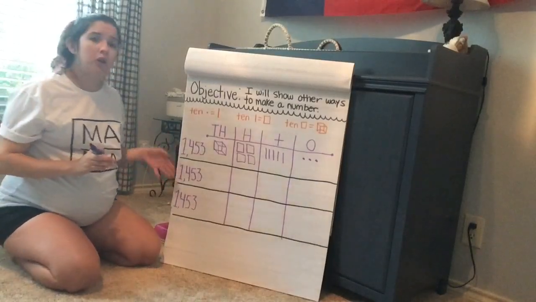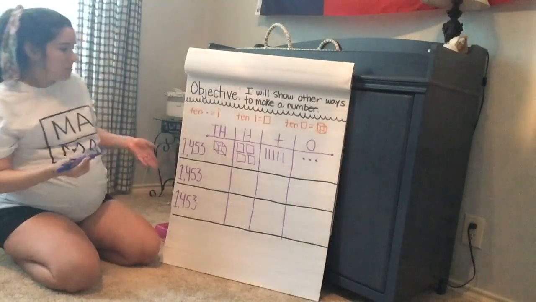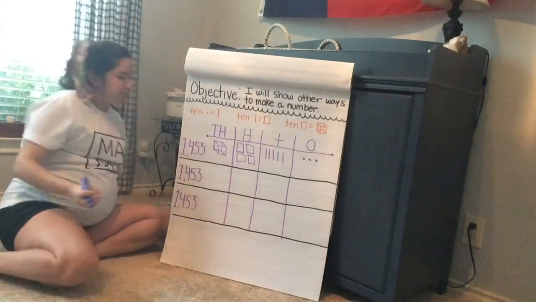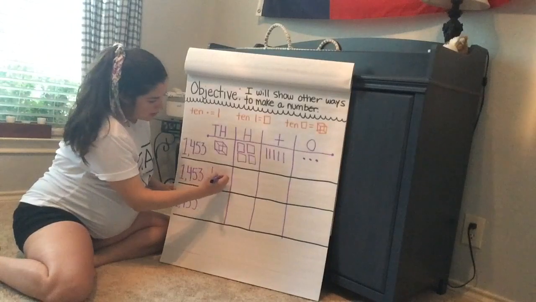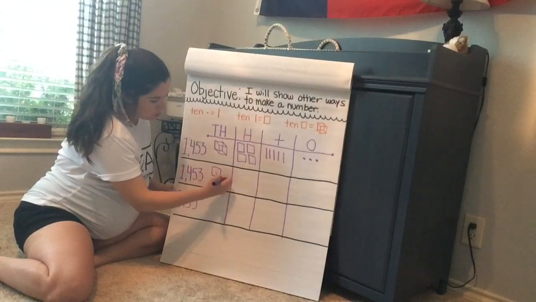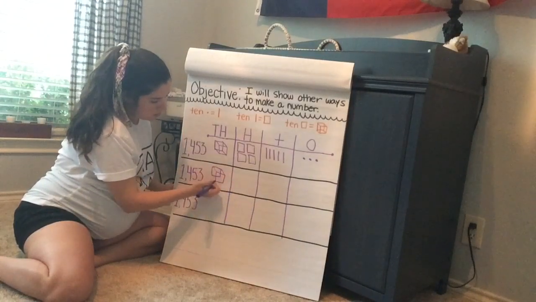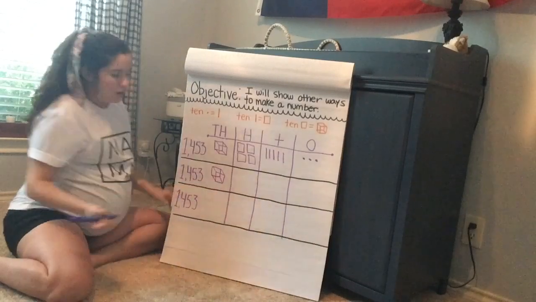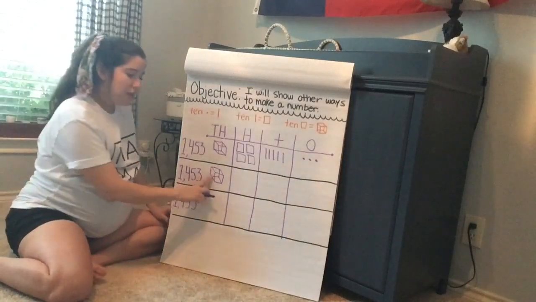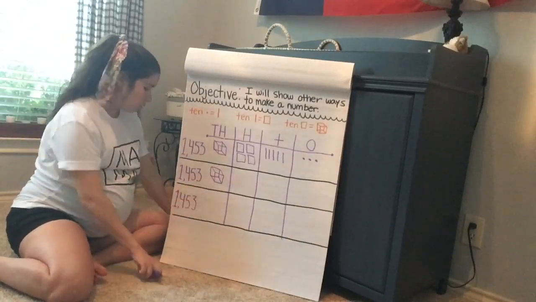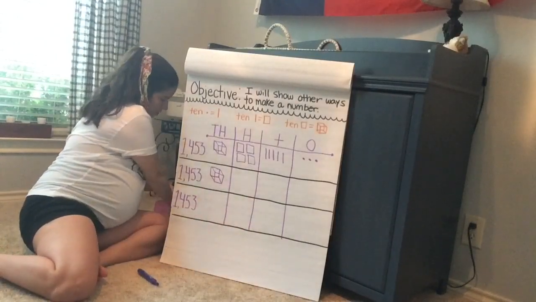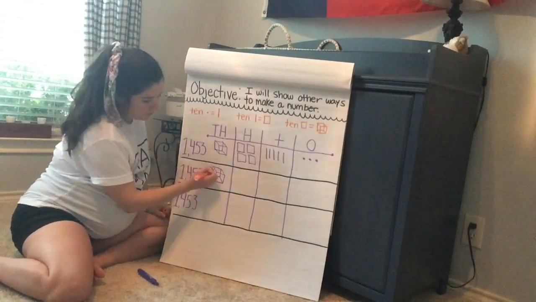But now I'm going to show y'all a different way, okay? So, I'm going to go ahead and draw out my 1,000. Now, instead of having 1,000, I can always cross it off, which I'm going to do in a different color.